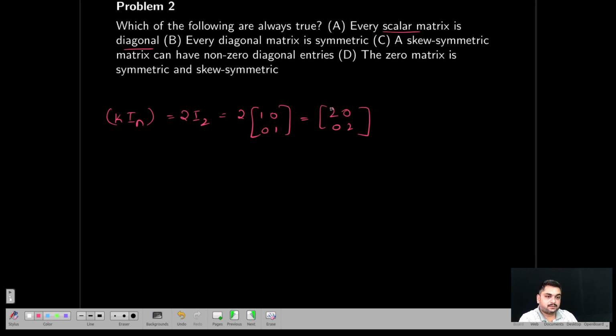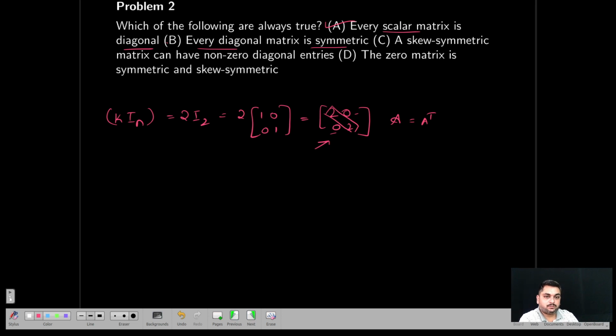What is a diagonal matrix? Other than diagonal elements, all the other elements are 0. So this is true. Second property: every diagonal matrix is symmetric. If this is a diagonal matrix, it is symmetric because A equal to A transpose. If I take the transpose of this matrix, again I will get the same [2 0; 0 2].